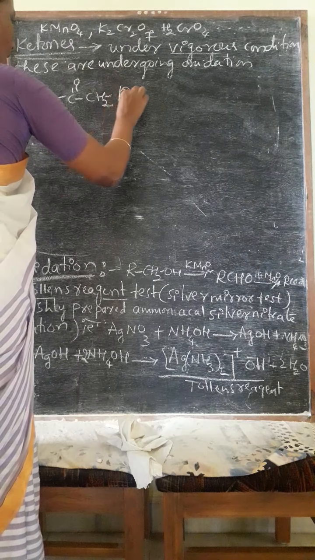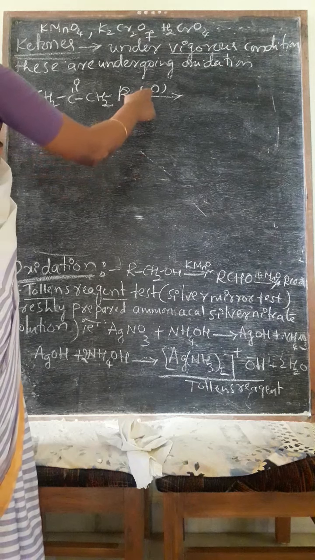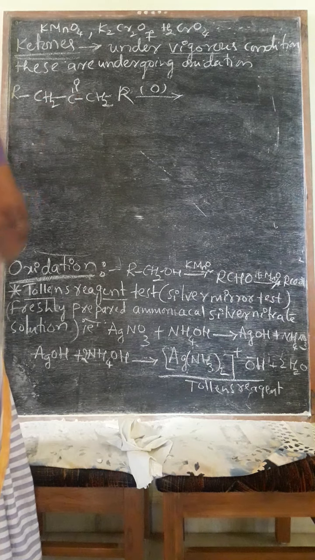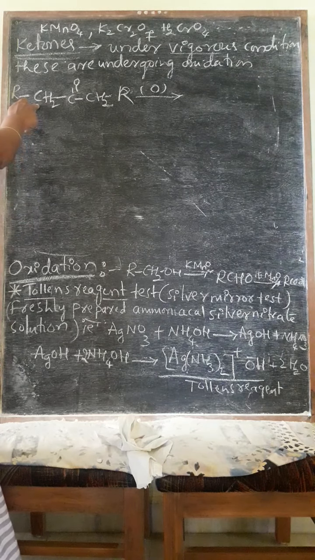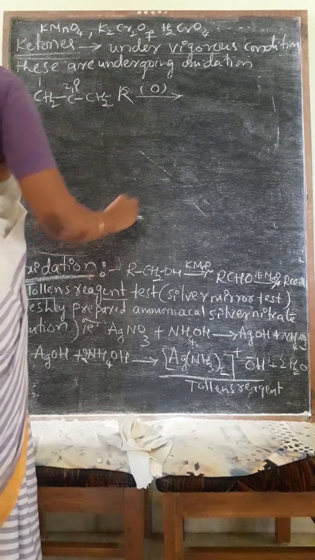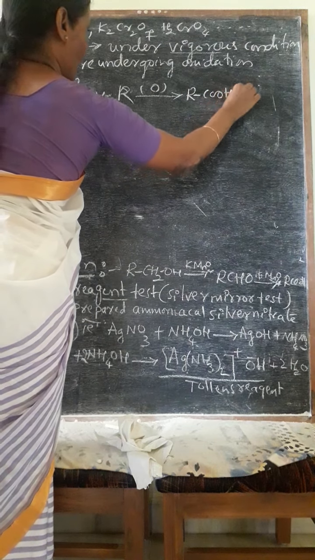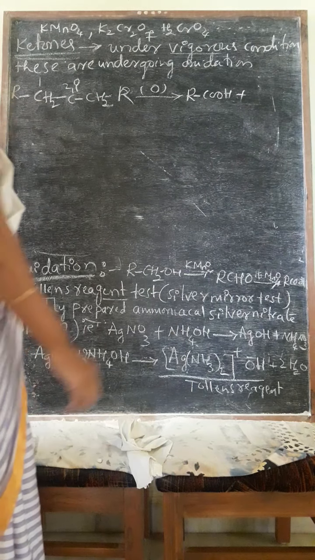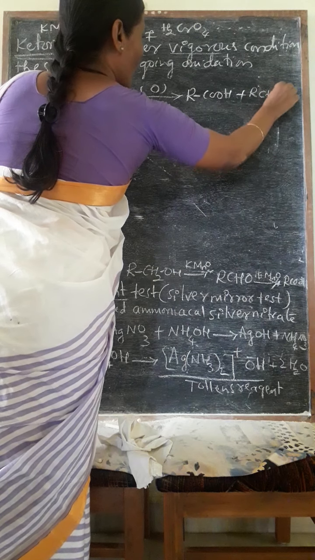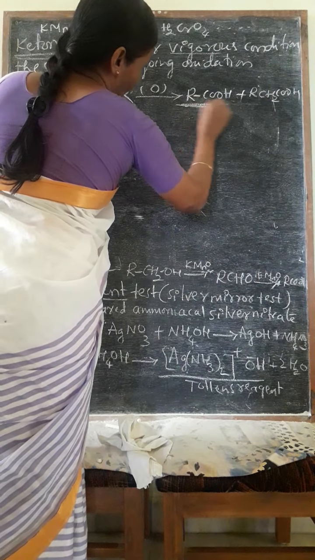If suppose it undergoes oxidation, meaning addition of oxygen, I will break the bond between carbon 1 and 2. What is the possible product here? RCOOH plus the remaining R-CH2COOH. Now this is our main product.